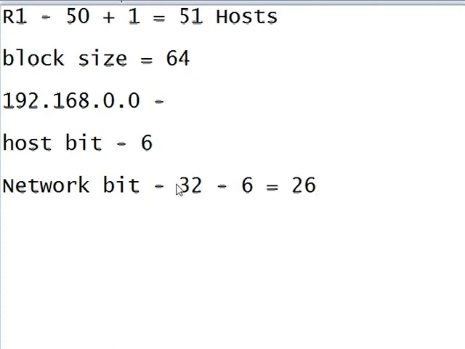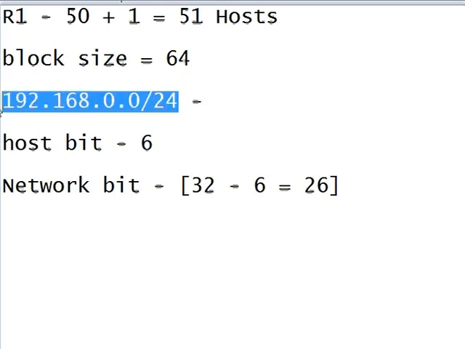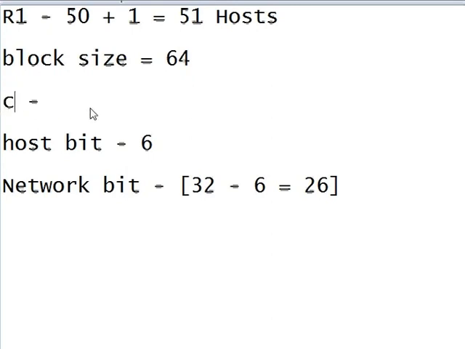This is my calculation of the network bits. So initially it was /24. Now it becomes /26.